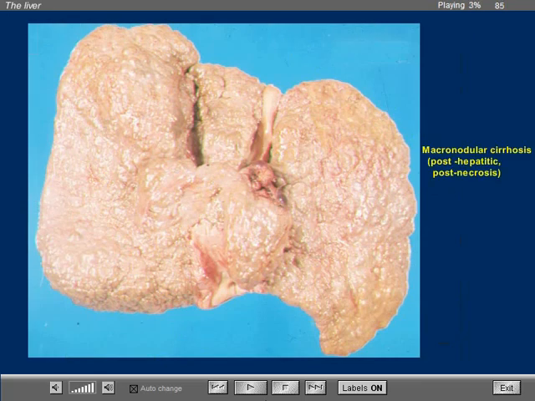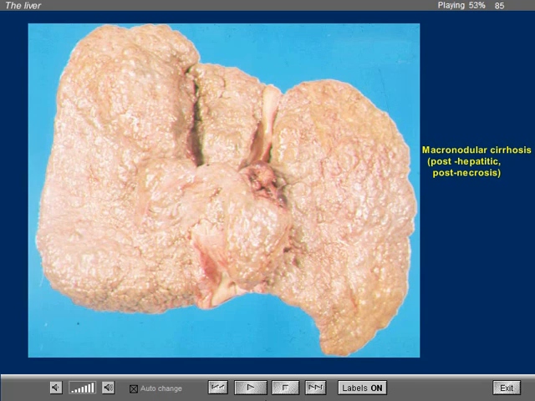This second specimen shows that nodules are much larger. In this particular case, they were relatively uniformly distributed throughout the liver. What do they represent? They represent the attempts of the liver to compensate for the damage, that is the regeneration of liver nodules, and the outline of these nodules is usually areas of fibrosis and of destroyed liver parenchyma.